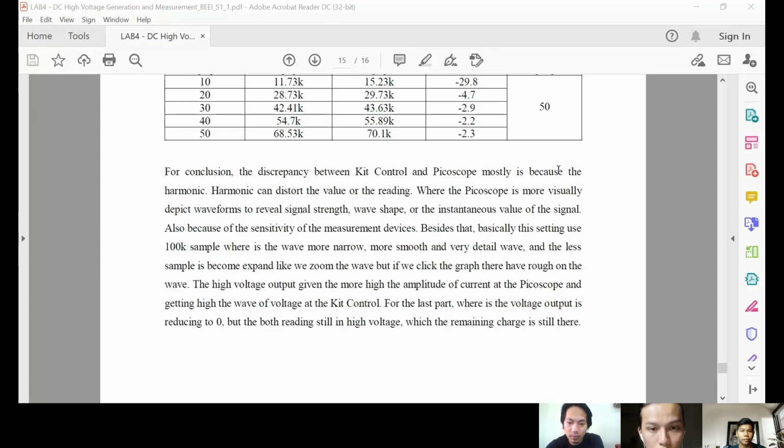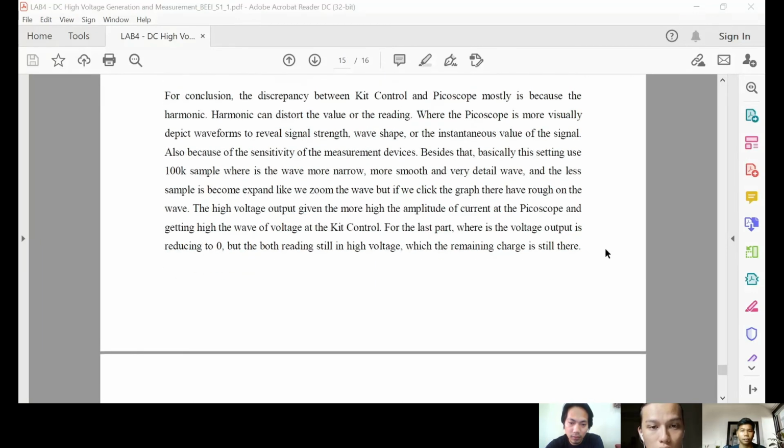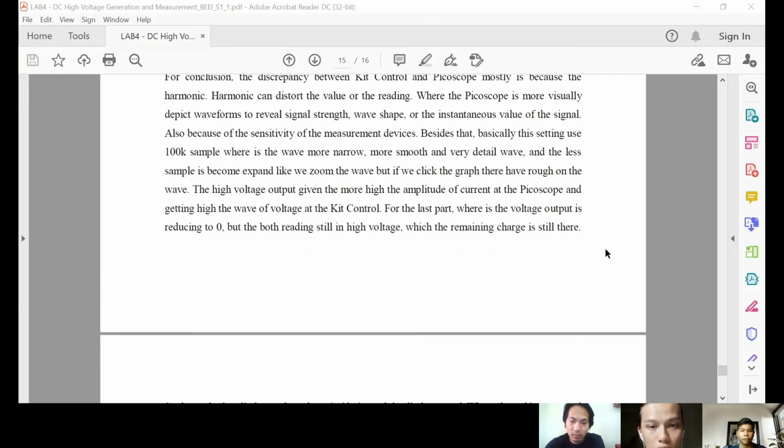So for the last part, where the voltage output is reducing to 0, you can see the readings still have high voltage, which is the remaining charge.